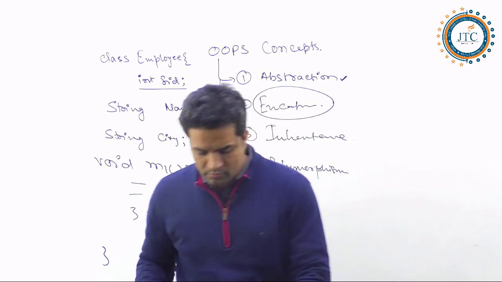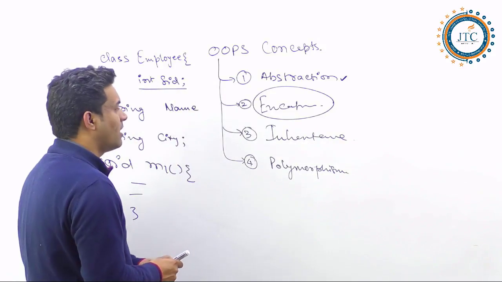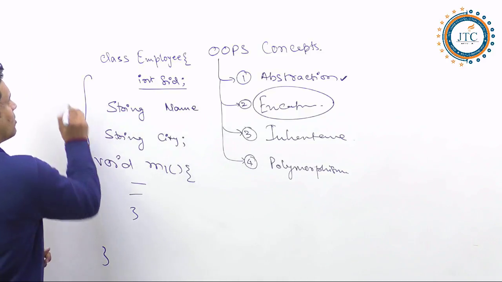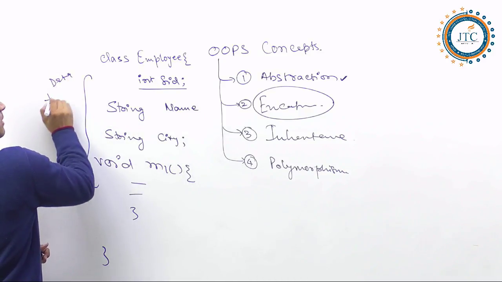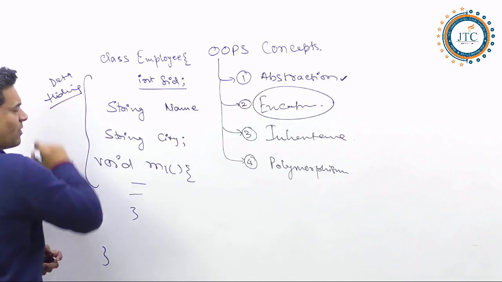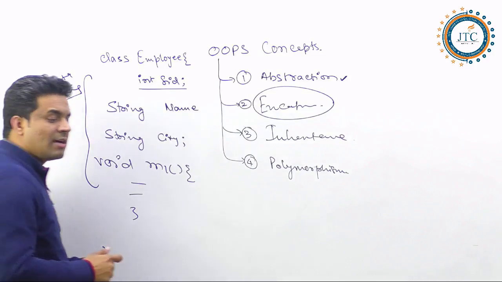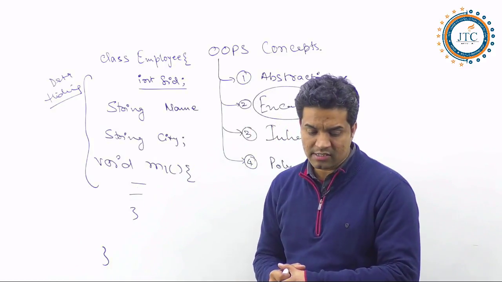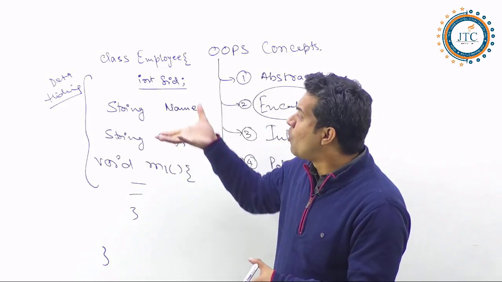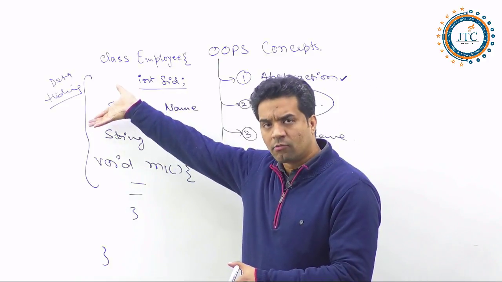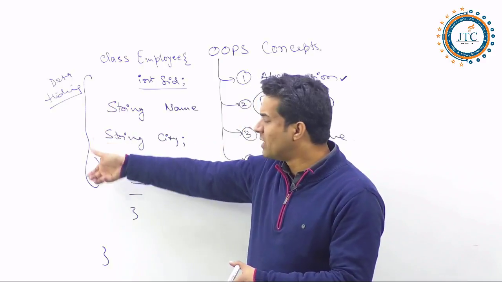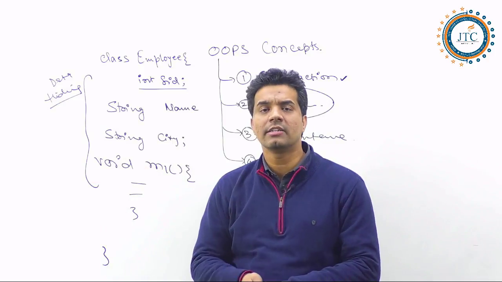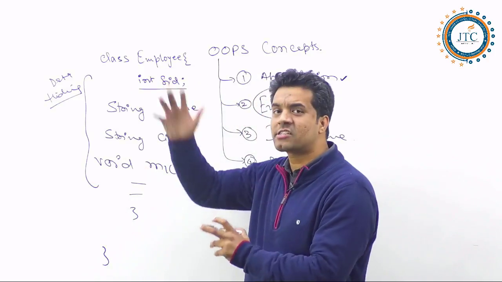In another form, something we can call data hiding also. Whenever I say data hiding, it concerns what access modifiers you are going to use on all these things, whether something can be accessed outside this class or not.